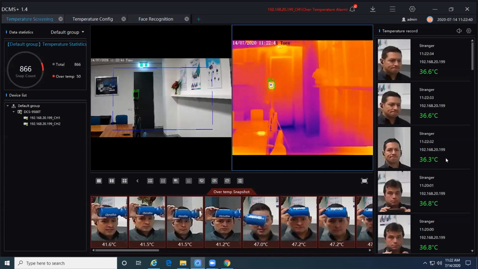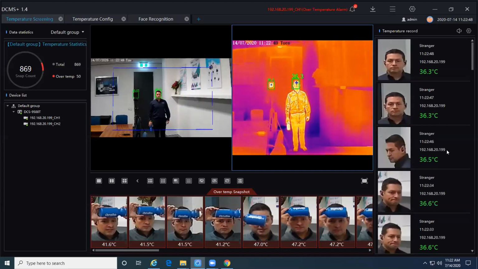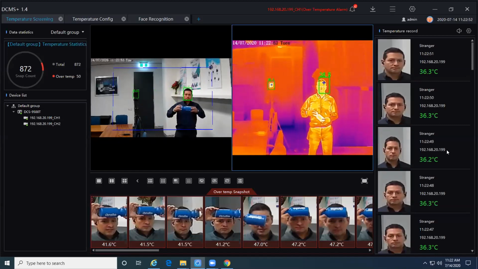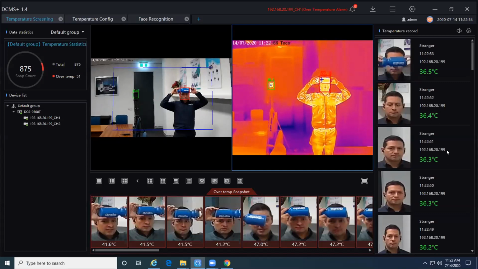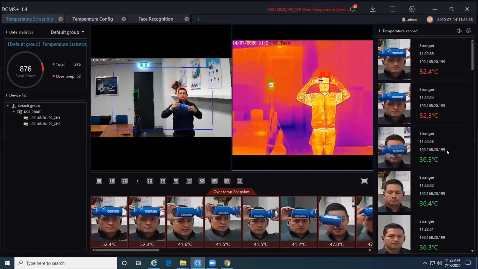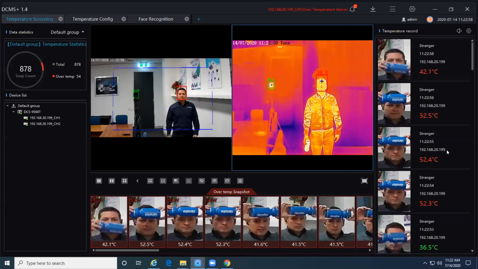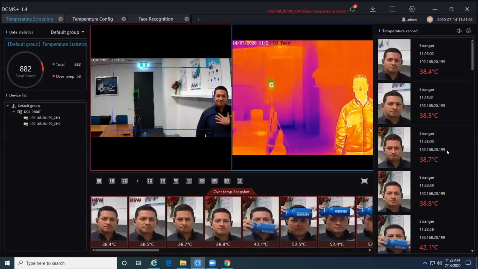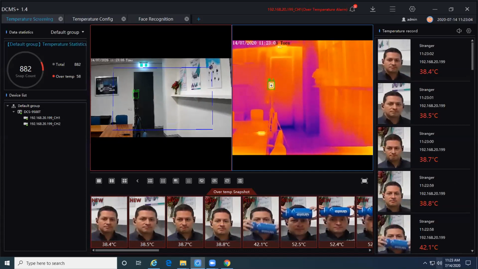And if we try to do the test with elevated temperature, so here's David with a normal temperature, and if he holds the bottle in front of his forehead for a second, here we go, 52 degrees. Over temp 52.3 degrees. Over temp 52.4 degrees.